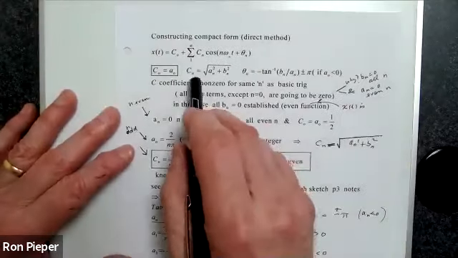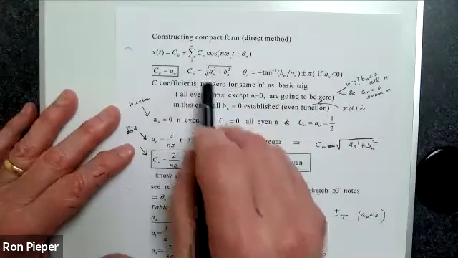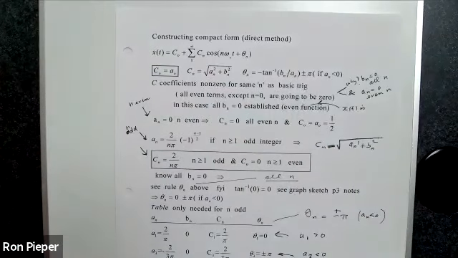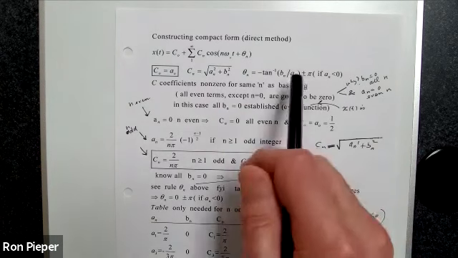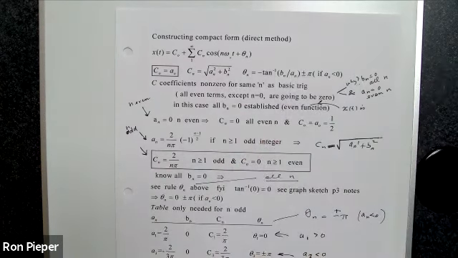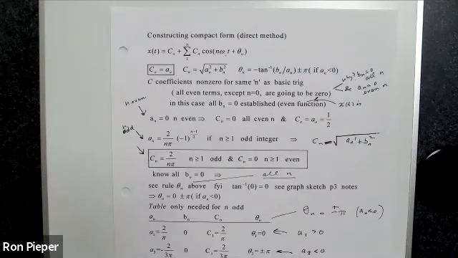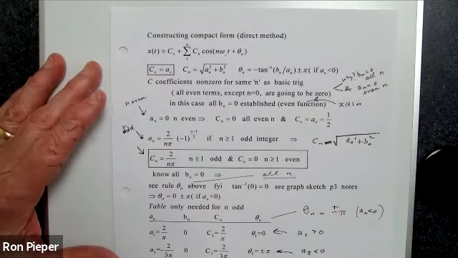So here our recipe for the Cn's and the theta n's do appear there. Okay, and these were taken from the table, and yes, we did derive these.